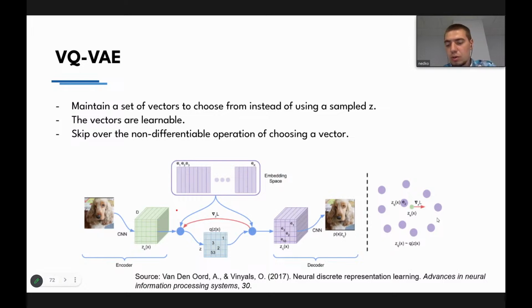Your encoder is going to produce some position in space, and then your vectors are kind of spread in this space. Based on the distance from whatever the encoder gave you, you're going to take the closest vector or some neighborhood, like a few of them. And then you just take this vector and give it to the decoder.